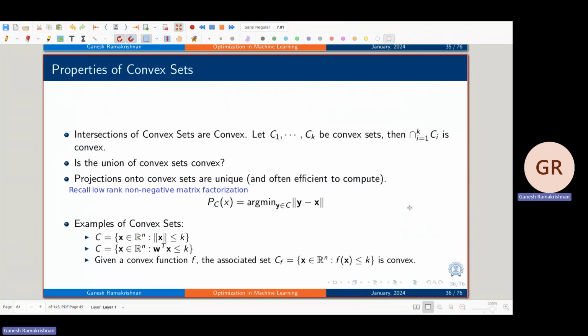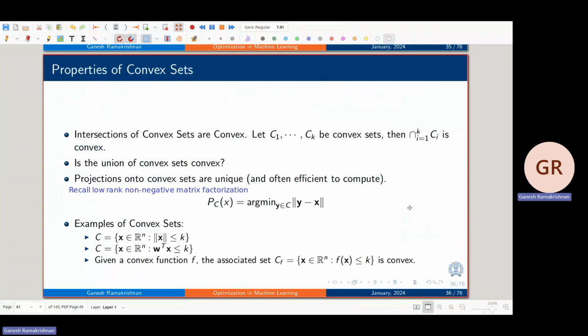Because the union doesn't contain this space, this is X. The projection is not unique. This is also PCX. So this is C1. Let's call it C1. And this is PC2X. So if I consider a union, both PC1X and PC2X are projections.